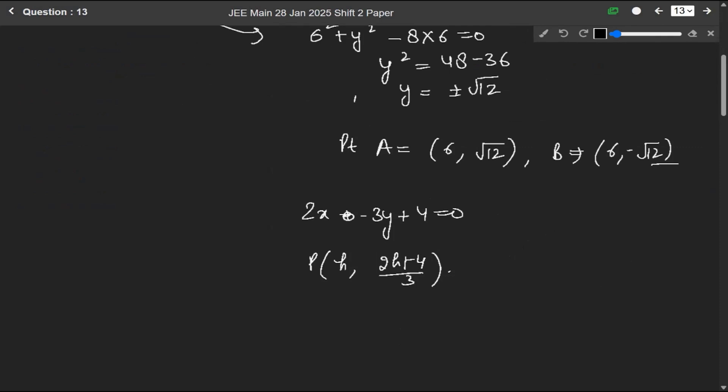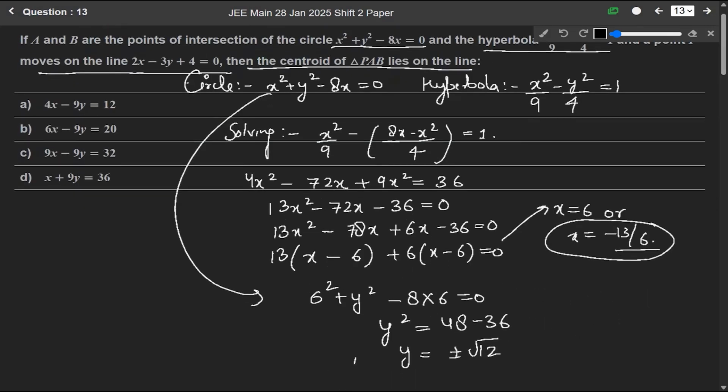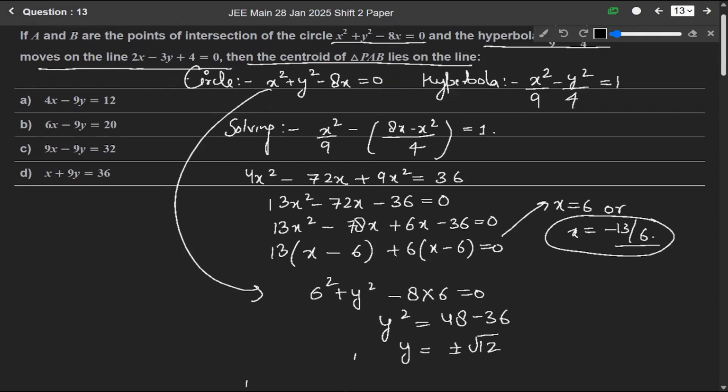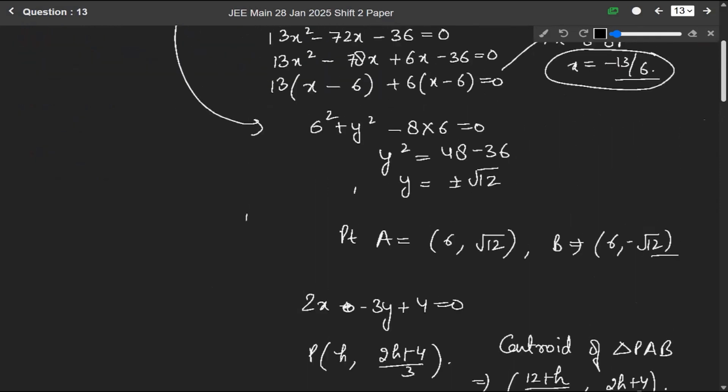So the centroid of triangle PAB will be (12 plus h) over 3 comma (2h plus 4) over 9. We are given the options 4x minus 9y equals 12, 6x minus 9y equals 20.